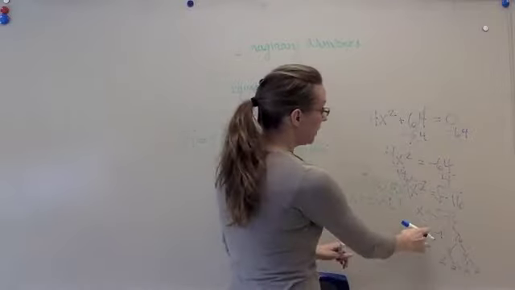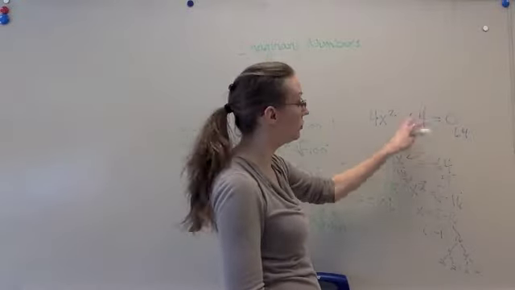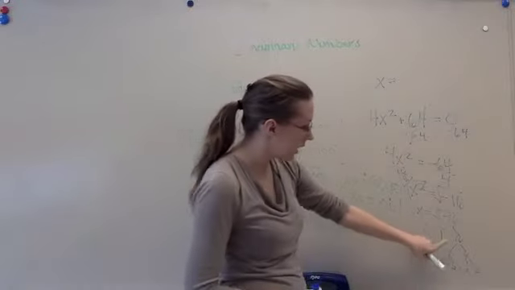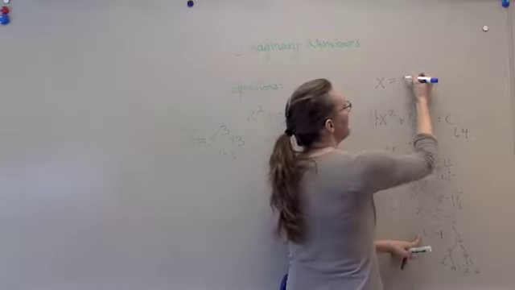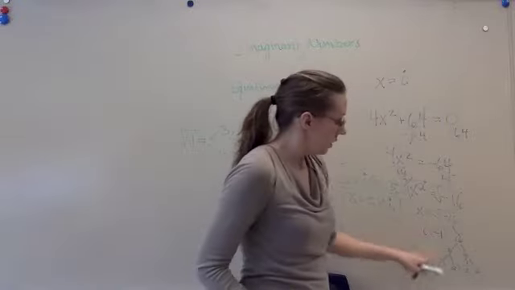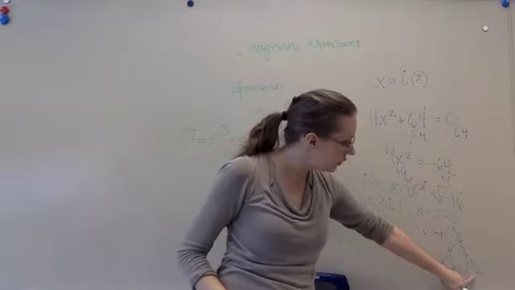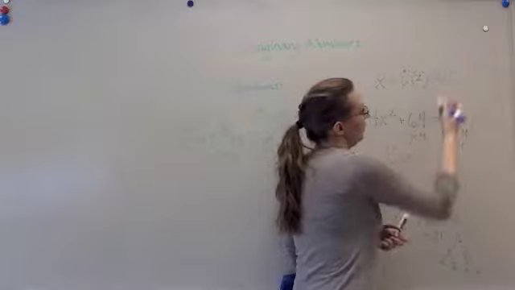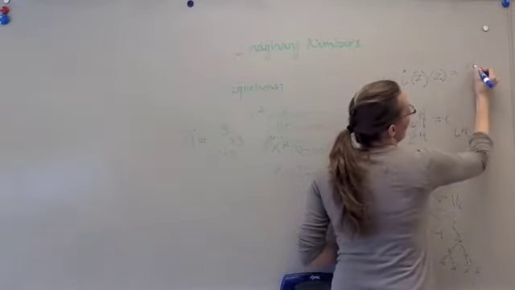So my answer to this, okay, my simplified version of this equation, or my solutions to my x-intercepts, are going to be that x equals this negative 1 inside our square root sign becomes i. We have a 2 we're multiplying from this pair, and we have a 2 that we're pulling out from this pair. So if you simplify that, 2 times 2 is 4. We're going to end up with 4i.